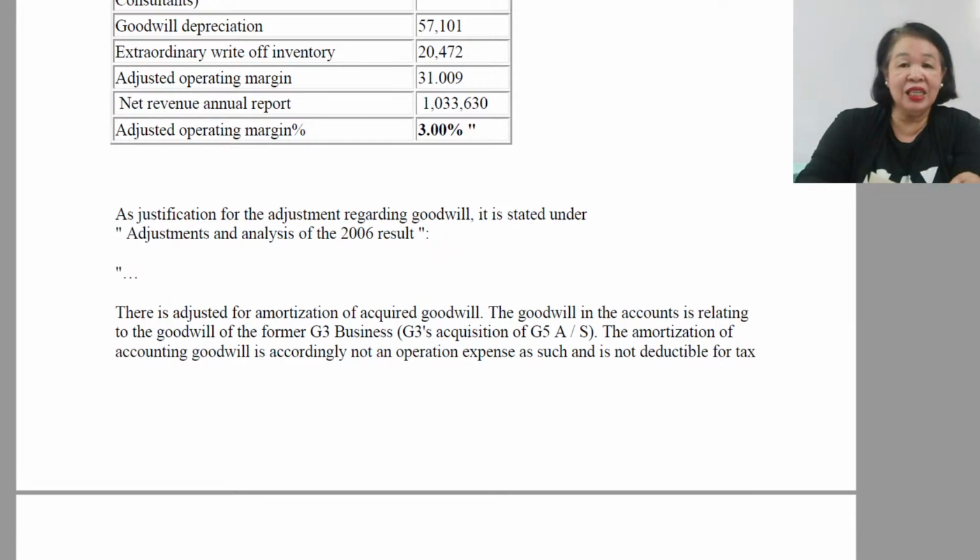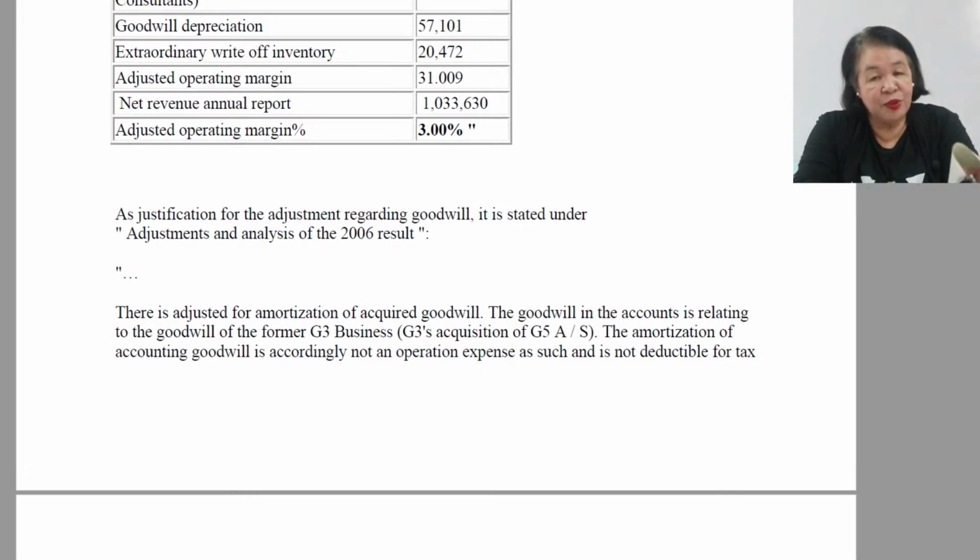Kasi goodwill lang yan eh, di ba? Hindi yan sa Pilipinas, hindi yan recognize, no? Kasi sabi niya, accounting goodwill is accordingly not an operation expense, no? As such and is not deductible for tax purposes.